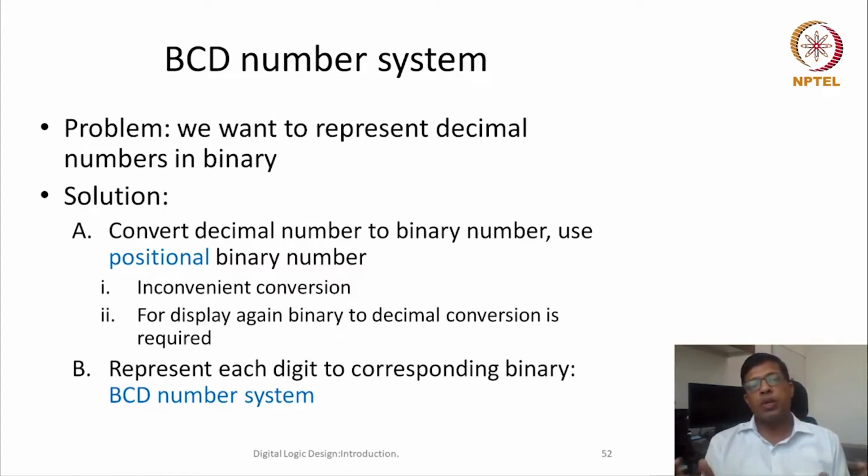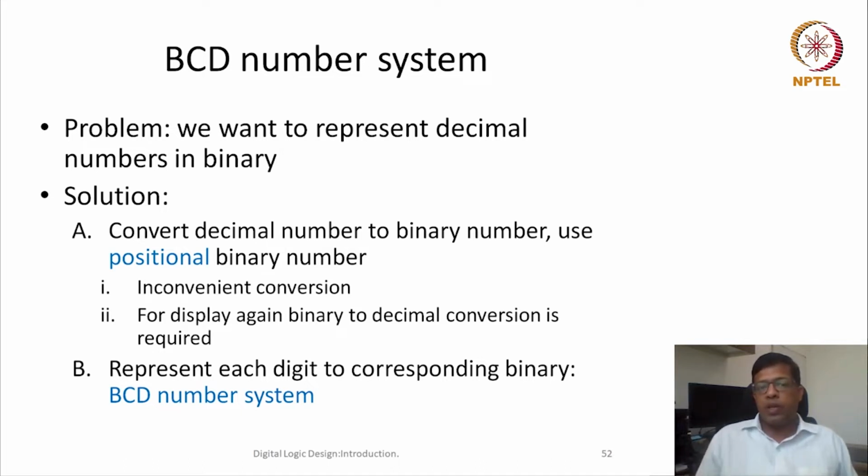The problem is we have to represent the numbers in binary. Why are we using only the positional number system? So let's explore some other ways. One convenient, intuitive method: in a decimal number, each digit has 10 different symbols: 0, 1, 2, 3, 4, 5, 6, 7, 8, 9. So why can't we represent all of these 10 different symbols using a 4-bit binary number?